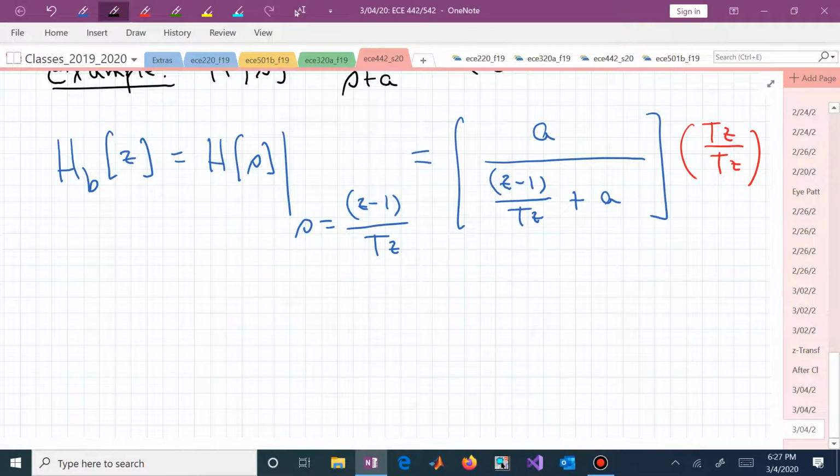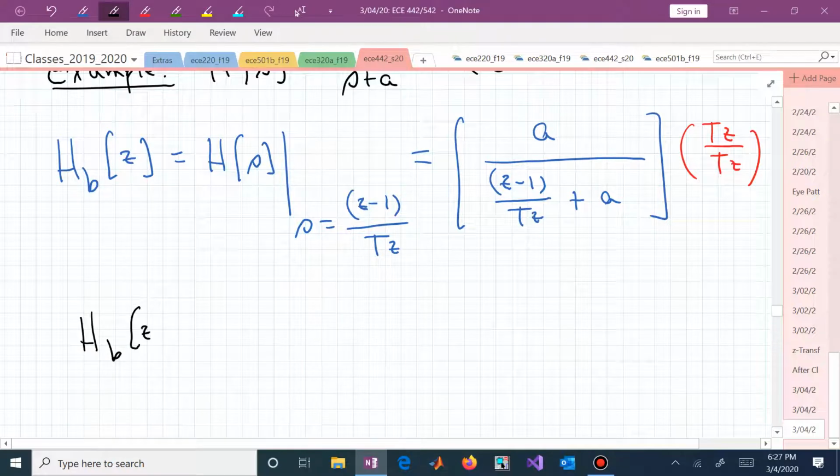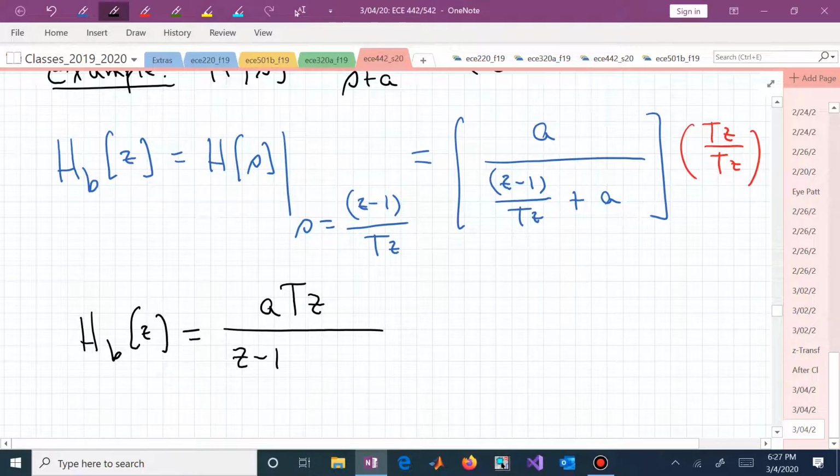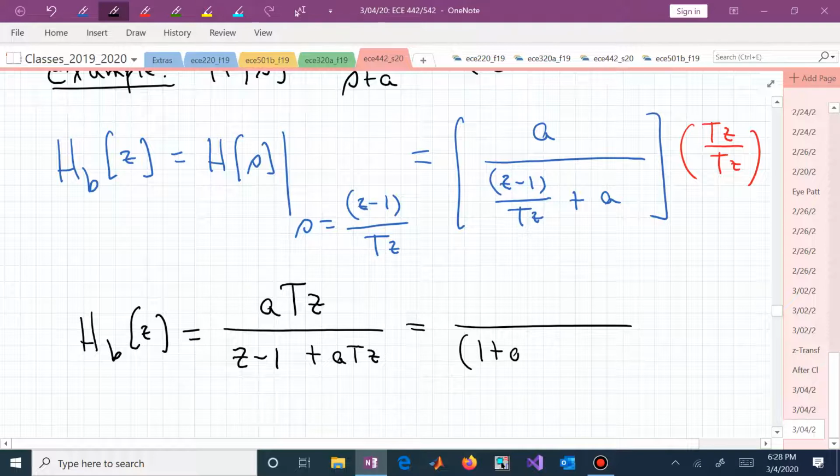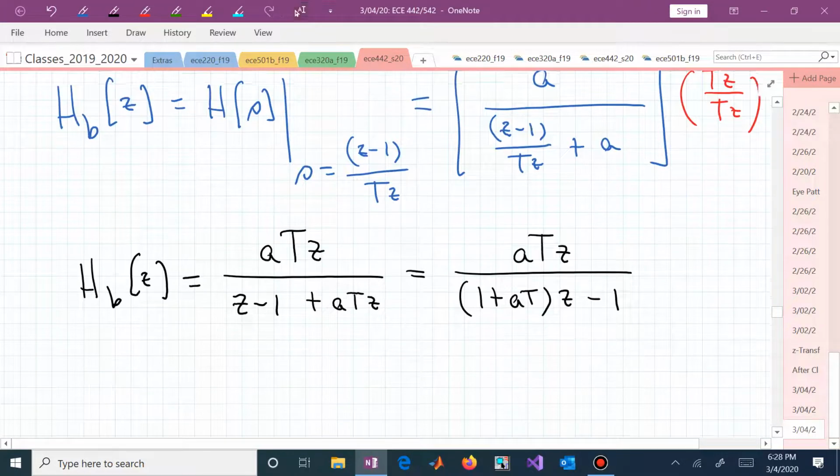And we end up with H sub b of z equal to ATz over z minus 1 plus ATz. Or this now says, oh, we have a coefficient scaling z in the denominator that's different from 1. It's 1 plus little a capital T, minus 1. And the numerator is ATz.